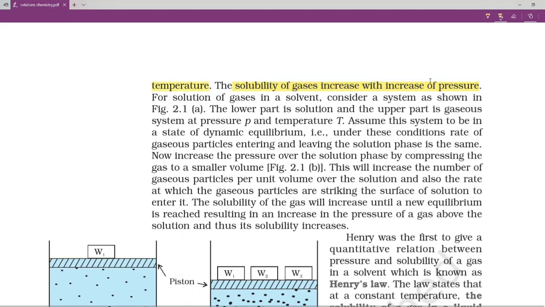When you see a sealed cold drink bottle, even if you shake it vigorously, you don't find any effervescence. But as soon as you open the bottle and shake it, all of a sudden a huge amount of effervescence comes out. That shows the presence of dissolved gases.